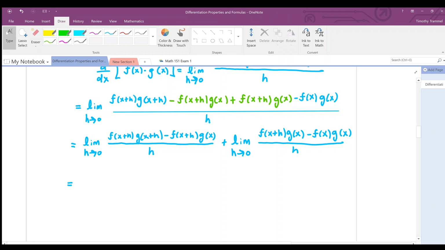Next, I'm actually going to break this limit into two different limits. But actually before that, maybe we'll do one more step. Let's factor f of x plus h out of the numerator here.